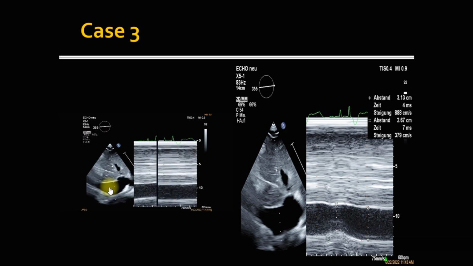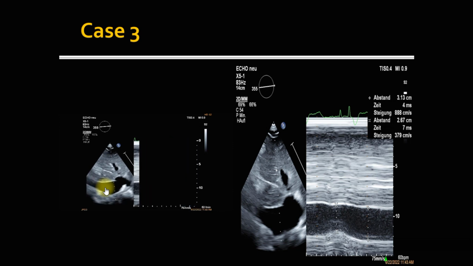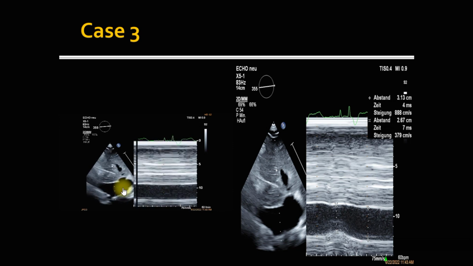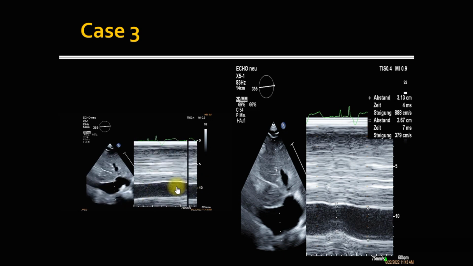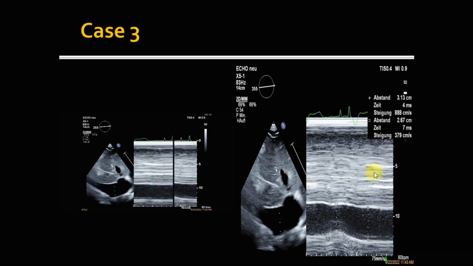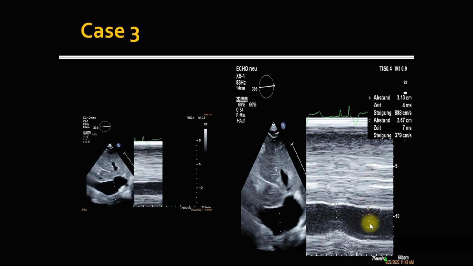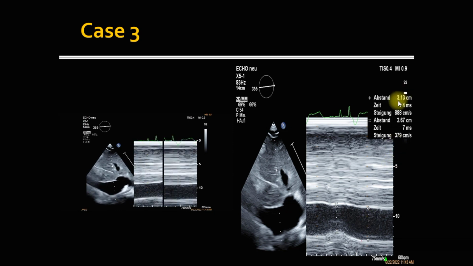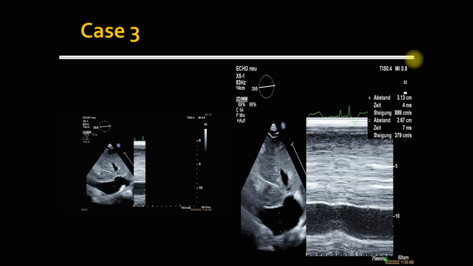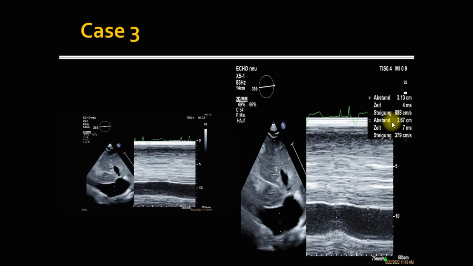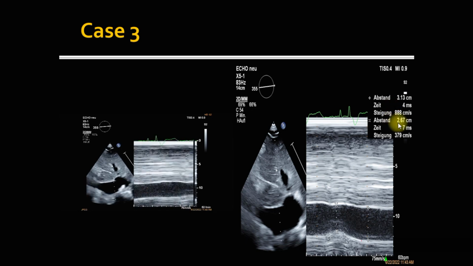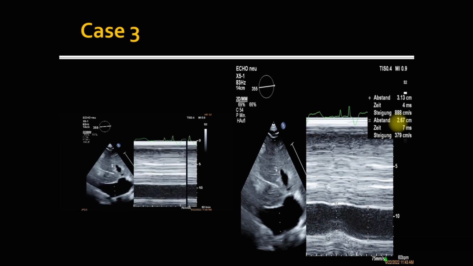Another case, here we have a dilated inferior vena cava in 2D image. We have placed the M mode. We have a picture like that. Here we have measured the vena cava inferior in expiration is about 3.1 centimeter. So it is dilated, markedly dilated, and with inspiration it is about 2.6 centimeter.